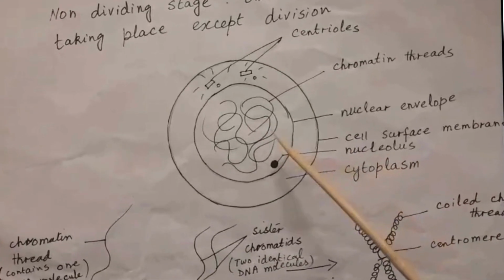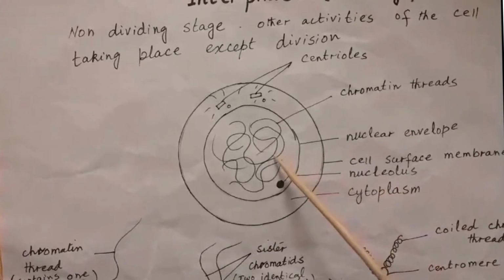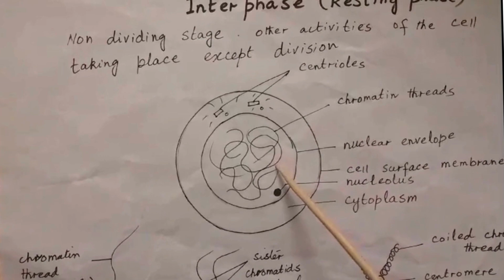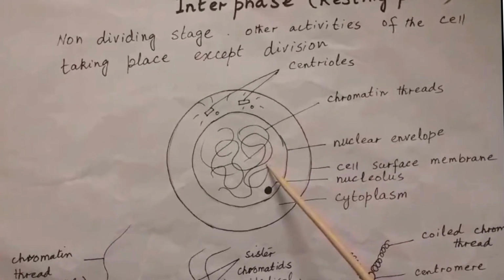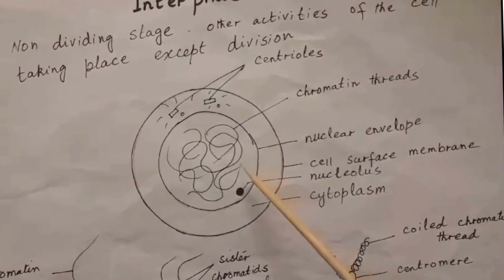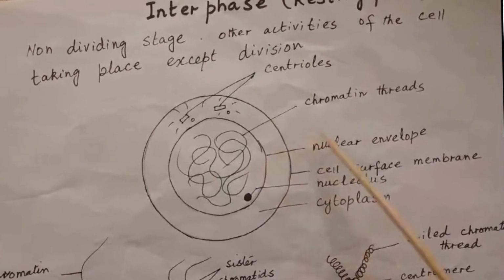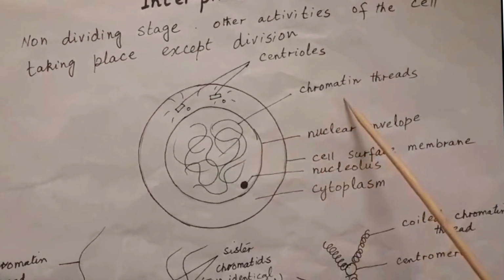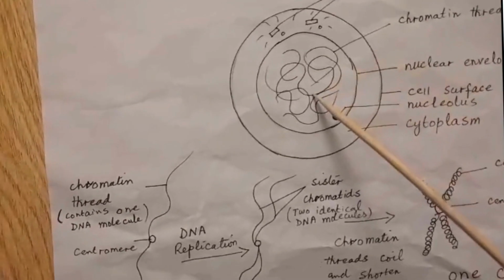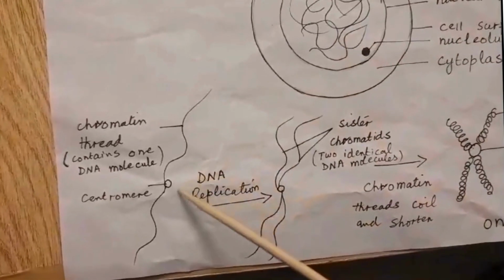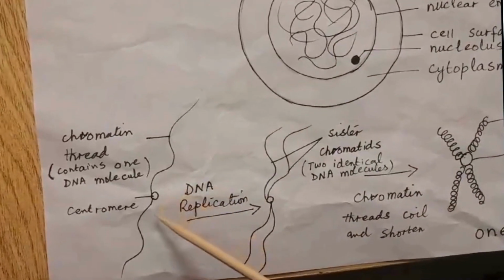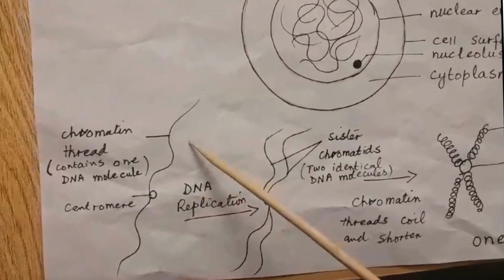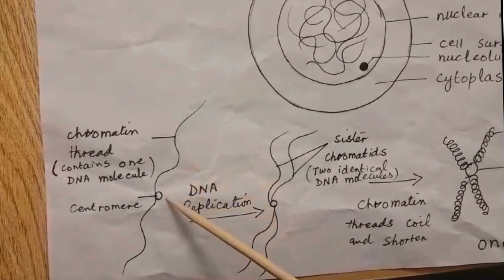The diagram shows the hereditary material in a cell when it is in the interphase or non-dividing phase. The hereditary material appears in the form of threads called chromatin threads. These chromatin threads are made up of DNA molecule, and this is the structure of one of the chromatin threads.